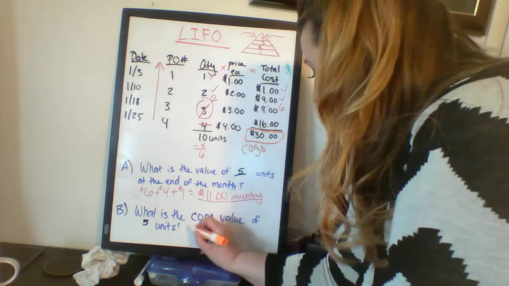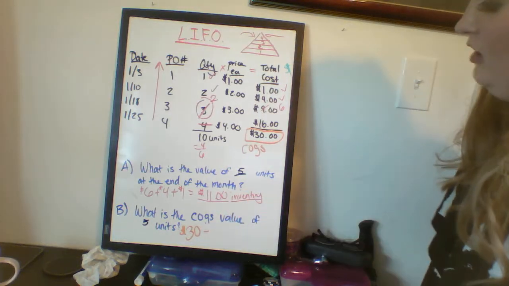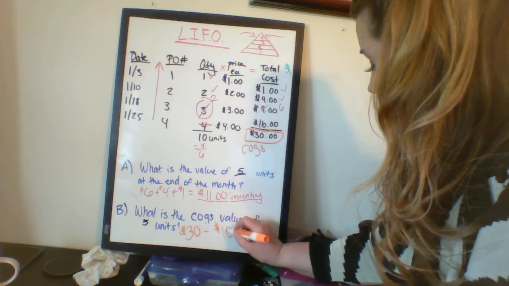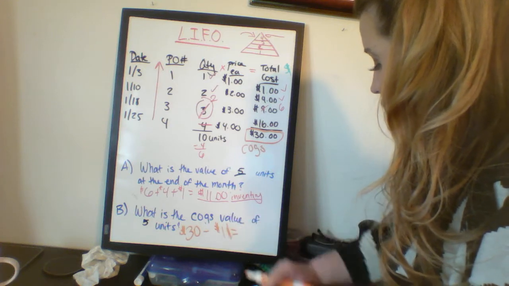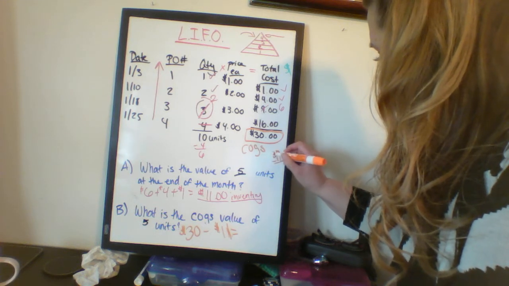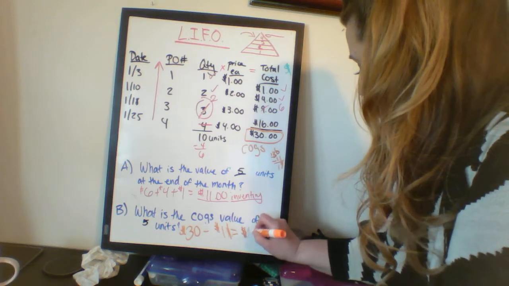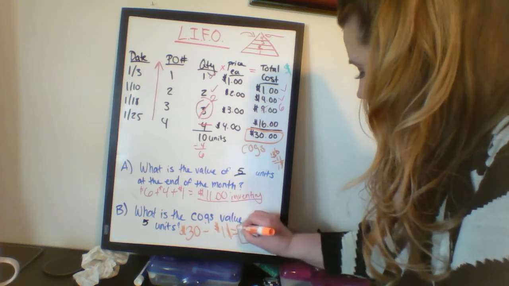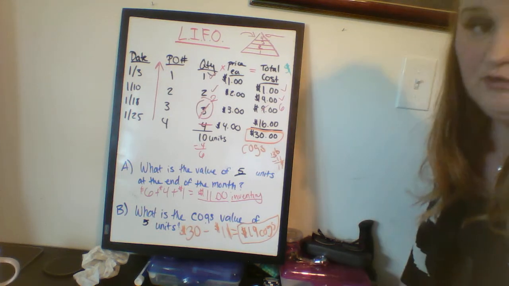So we take $30, because that's what we originally expected, minus the $11 because that's what's left in inventory. 30 minus 11 is going to give us 19. So our total cost of goods sold is going to be $19 instead of the 30, because we have now subtracted out our remaining units that we actually sold.